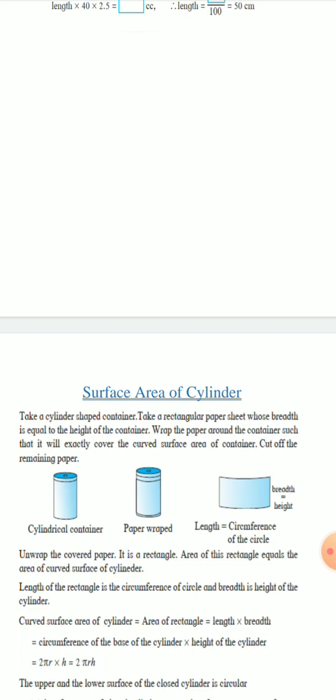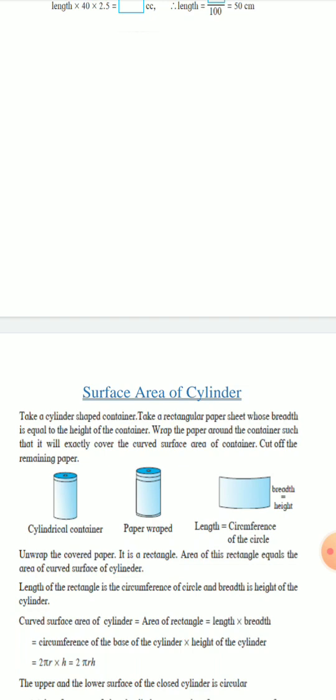Now, as we all know, the area of a rectangle is length into width, isn't it? In this case, the length of the rectangle is the circumference of the circle, because the curved part of the cylindrical container is of circular shape. So the length of the rectangle is the circumference of the circle, and the breadth is the height of the cylinder.